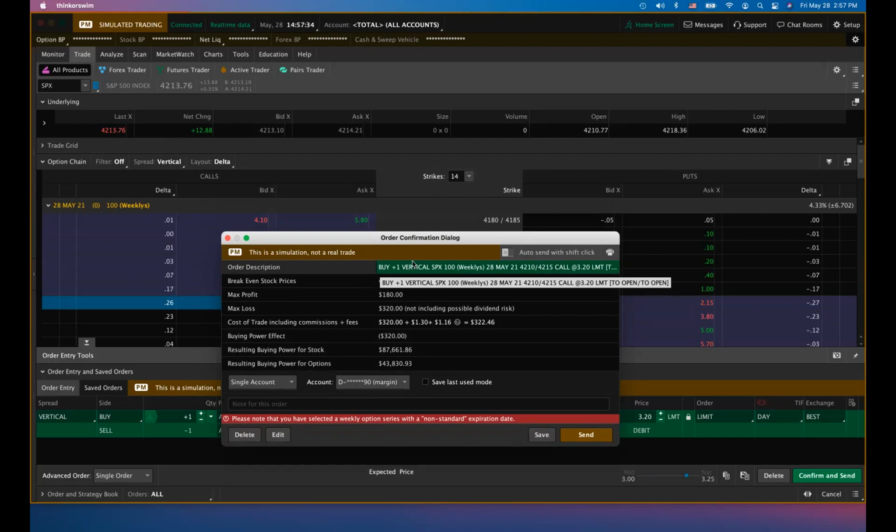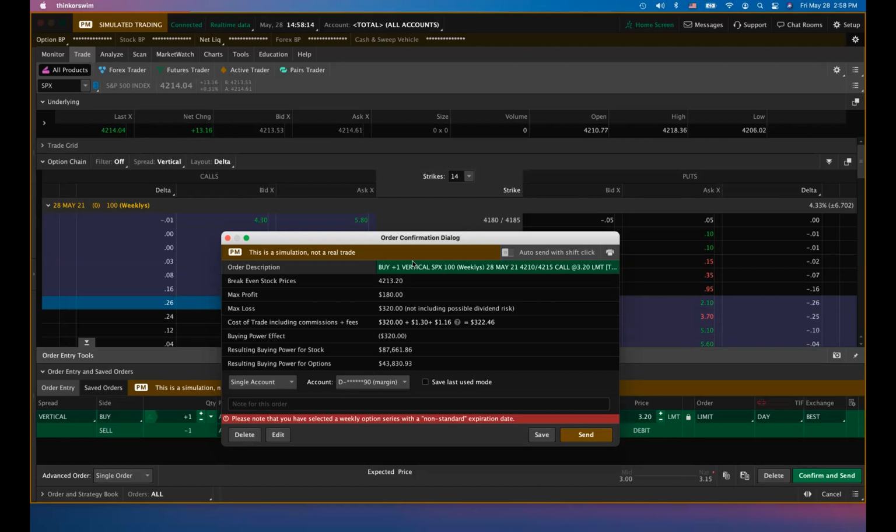This is a cash settled index, by the way, which means that the broker will do it automatically for me. If this were an equity, you need to do that yourself, either by calling the broker no more than 90 minutes after the market closes, so by 5:30 p.m. Eastern time, to let them know that you need to exercise your right to buy, or you need to sell your vertical for $5 at that point, and you can get your $180.